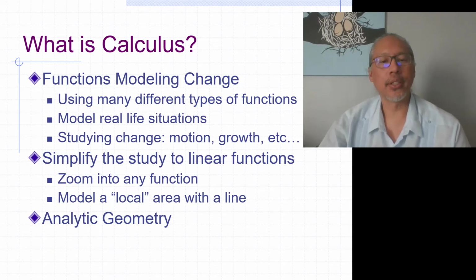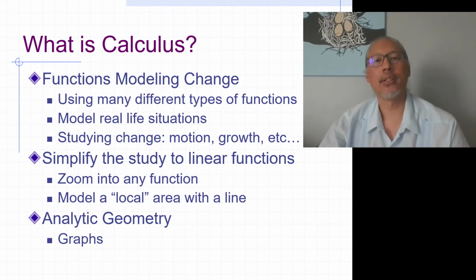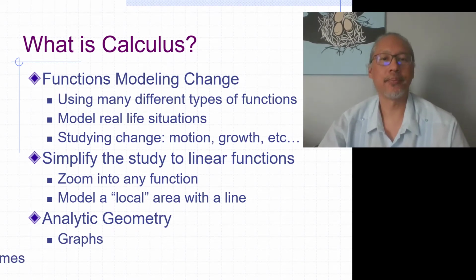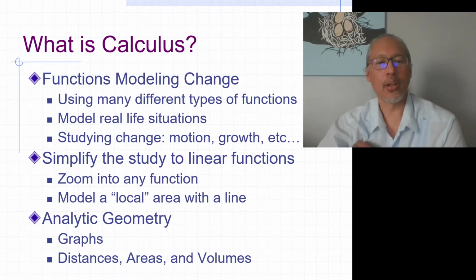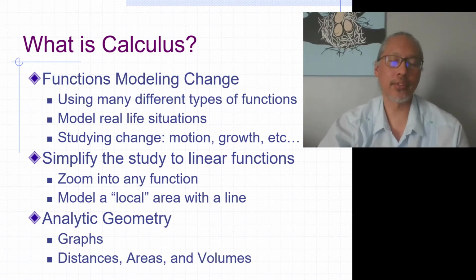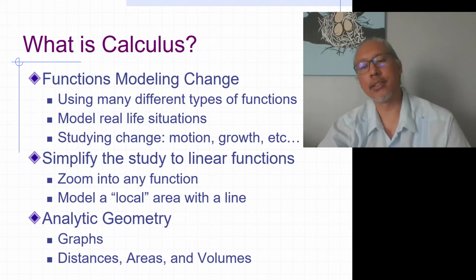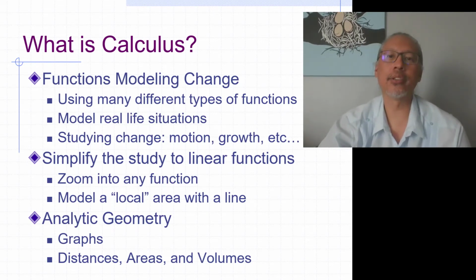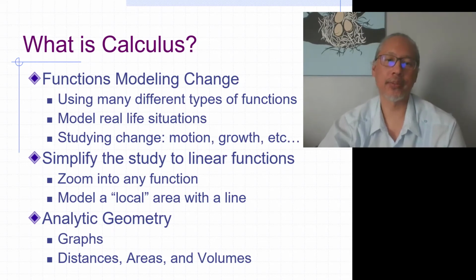We're also going to study some analytic geometry, which really analyzes the graphs and uses the graphs to help us understand our situations. We'll also be using these graphs to explore distances, areas, volumes, and other types of geometric measurements.